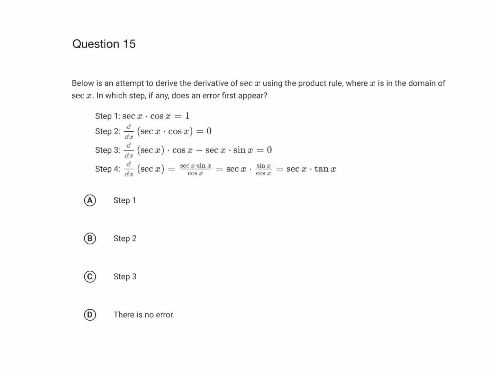Okay, next thing they did, looks like they did product rule. If you're taking derivative of these two functions of x multiplied, you have to do product rule. So first they took the derivative of secant, and we're trying to derive the derivative of secant, so we're kind of pretending like we don't know what it is, and so we'll just write it as d dx of secant for now, and then later we'll solve for this.